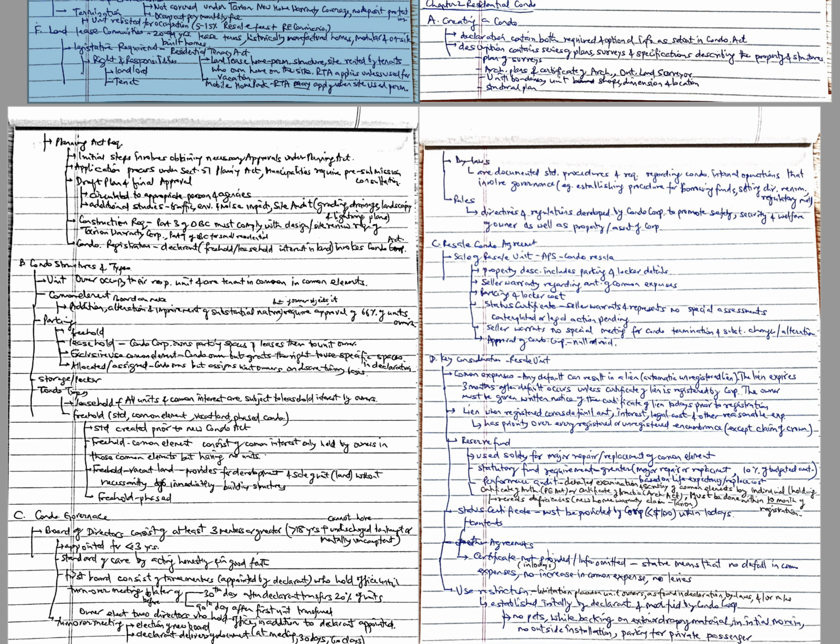Creating a condominium. A condominium is created at law through the registration of a declaration, often called a constitution, and a description. So there are two important aspects: one is the declaration, the other is the description. A declaration contains both required and optional information set out in the Condominium Act.